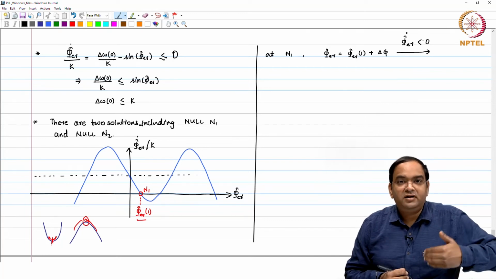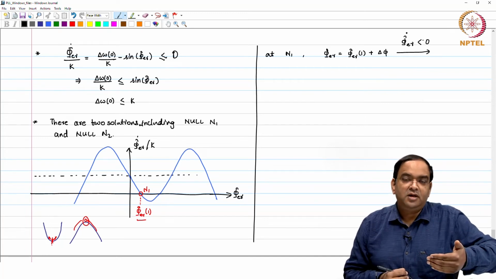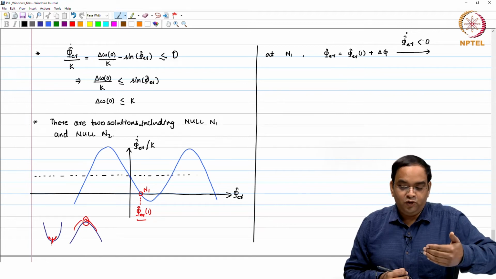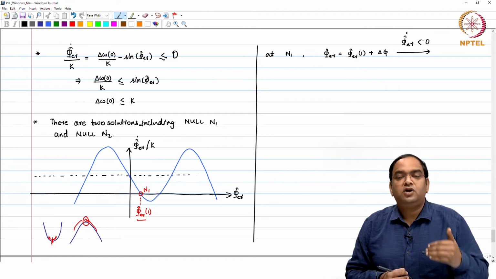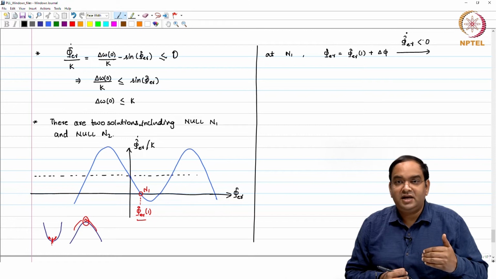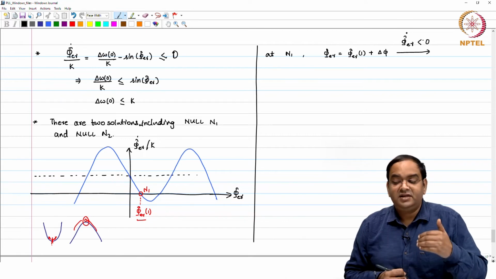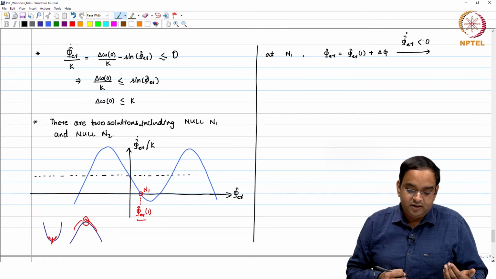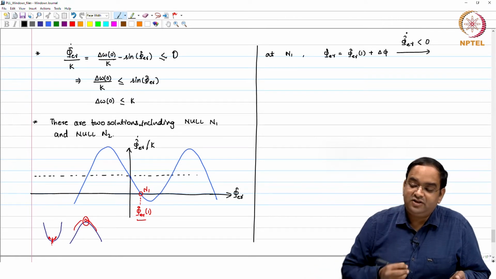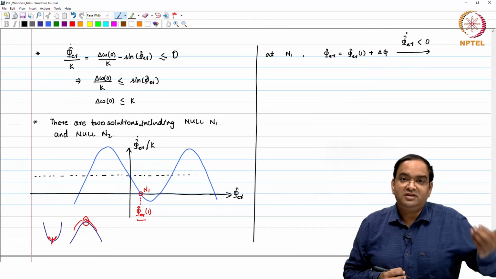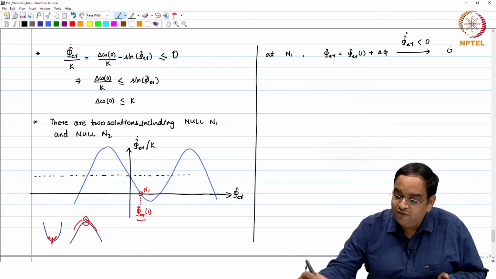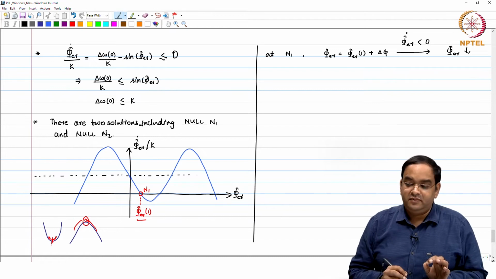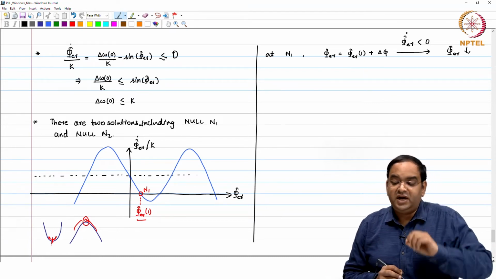So, you increase the phase error, but the slope of the phase error is actually negative. Phi error dot, with respect to time, is negative. So, phase error will reduce. Okay. I hope you understand this part.